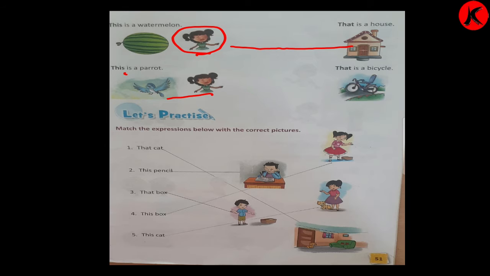But the bicycle is very far. So what is the girl pointing? That is a bicycle. So did you see? Again we will read. This is a watermelon. That is a house. This is a parrot. That is a bicycle.